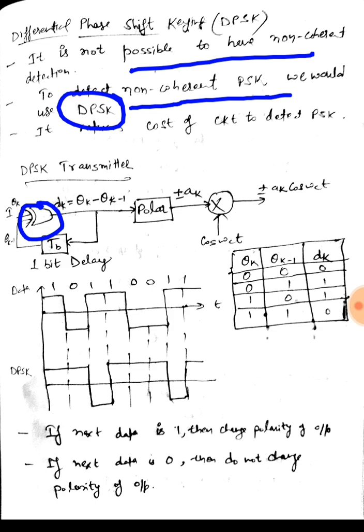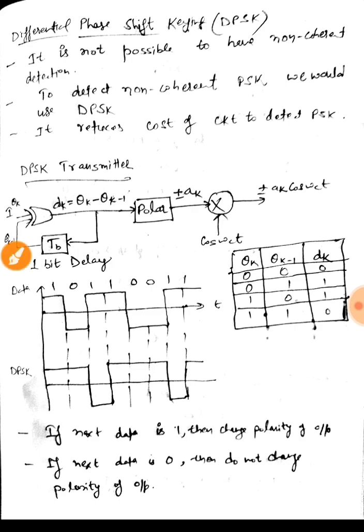So what it does: in this diagram, the input is theta k, and the output of the XOR gate is fed back. The feedback is taken using a delay circuit that will produce a 1-bit delay in the output of the XOR gate.